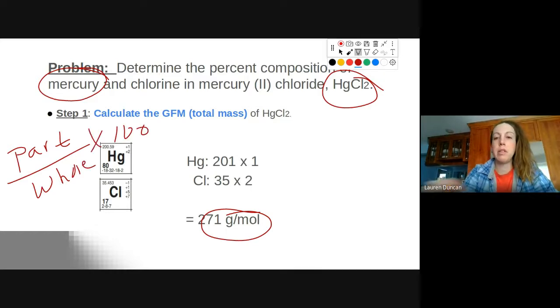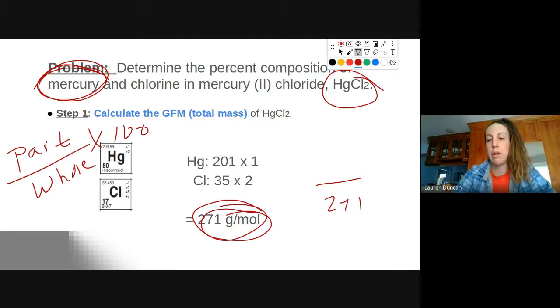Okay, well, if I wanted the percent by mass of mercury in a mole of these molecules, out of that whole 271 grams of mass, 201 of those came from the mercury.